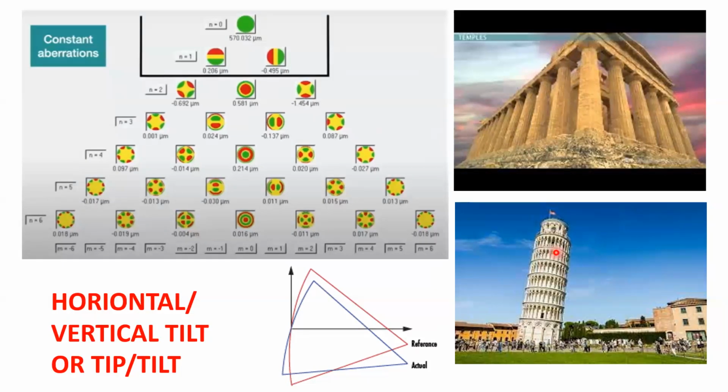This is the Leaning Tower of Pisa, which is actually tilted. So again, in this image, we are just perceiving that it is tilted, whereas it is straight. So tip and tilt are also constant aberrations, but they are qualitative aberrations and they are based more on perception rather than reality. So we do not consider them as significant.